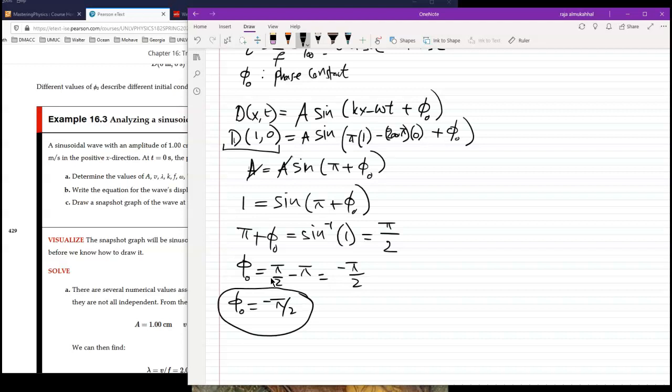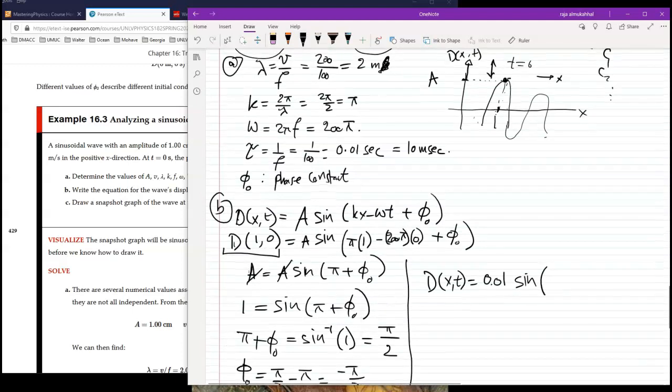Okay? So now I'm ready. I'm done. I'm ready to write. This is part B. So therefore, he said find the function of the wave. So d of x,t is equal to, A is equal to what? 1 centimeter. I'm just going to make it 0.1 meter, sine of kx minus omega t, where k is pi, omega is 200 pi.